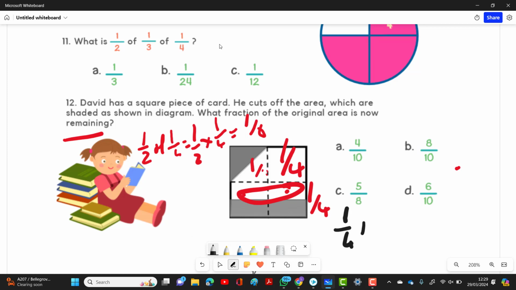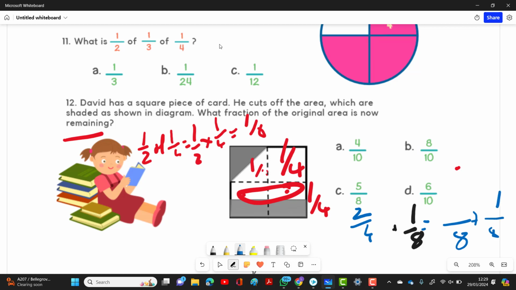Or 1/4 add 1/4 is 2/4. So 2/4, add 1/8, put it over 8. So this will be times 2, 2 times 2 is 4. So 4/8 plus 1/8 gives you 5/8.